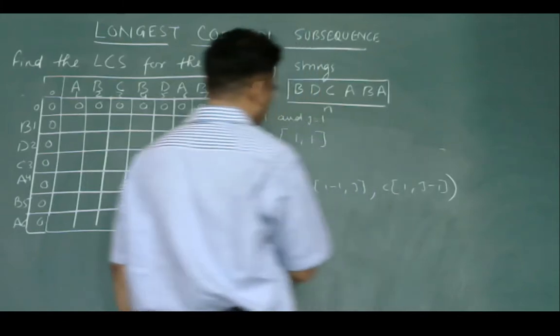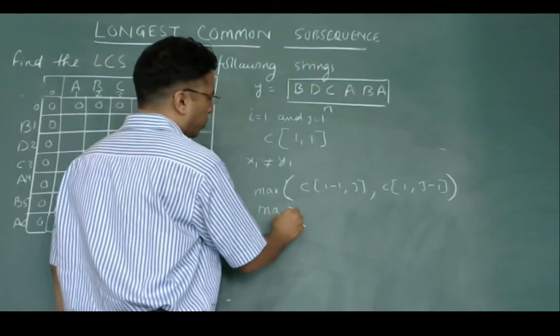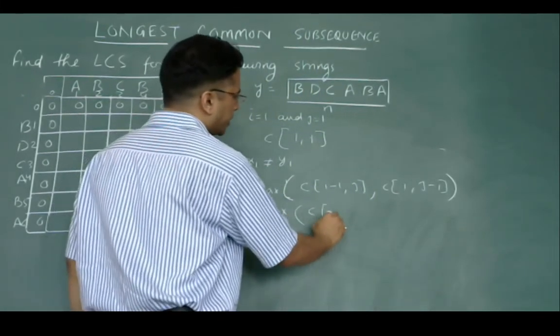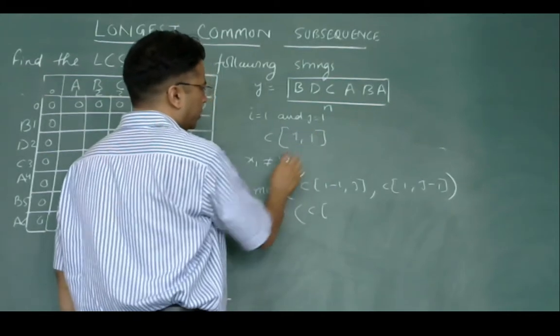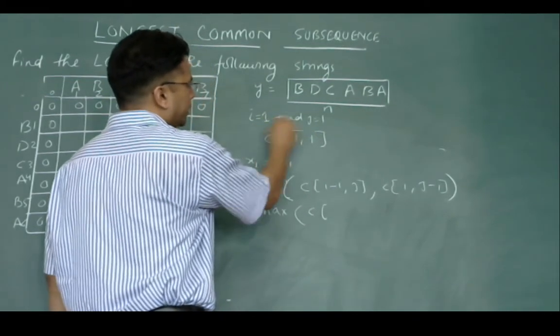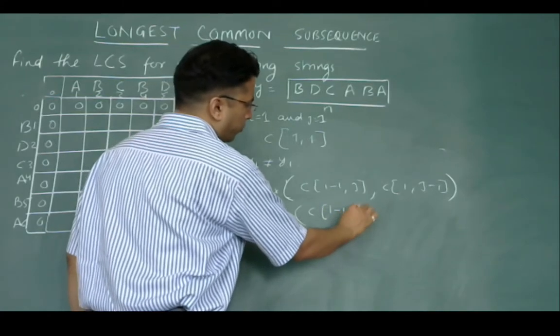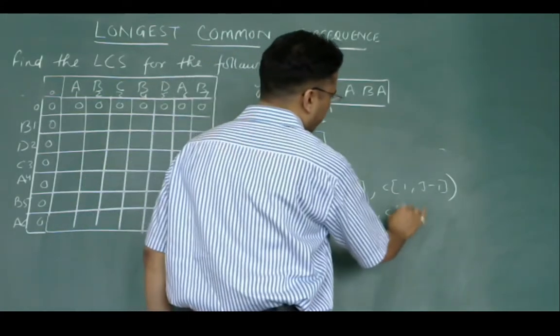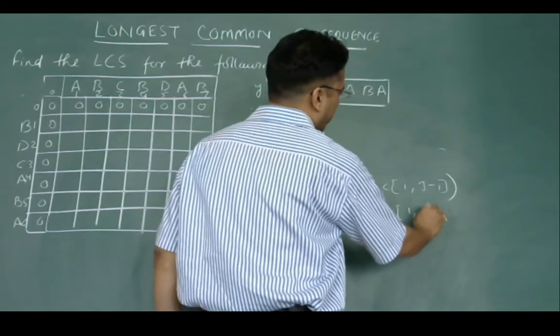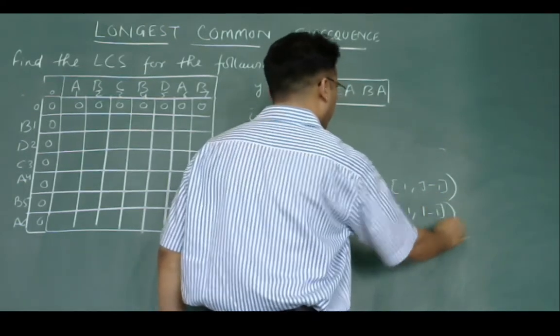Max of these two functions is equal to the max of c[1-1, 1] and c[1, 1-1], right?